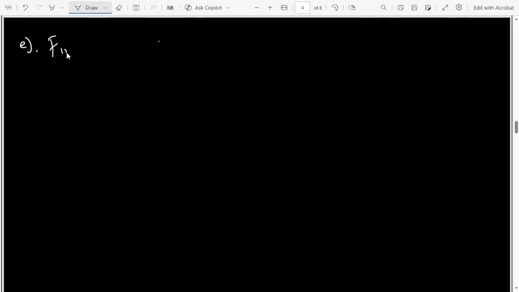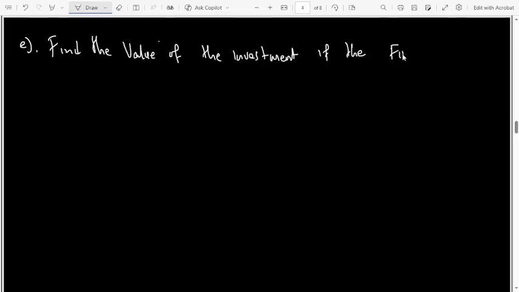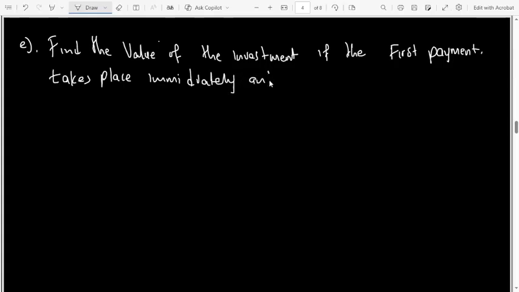So let's say now we need to find the value of the investment if the first payment takes place immediately, and then the last payment is gonna be 1 month before you withdraw the money.